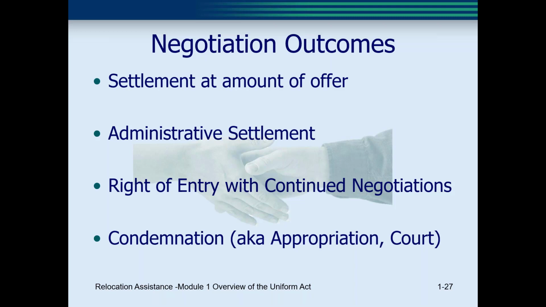So for example, let's say the agency's offer is $200,000, but the owner has countered at $215,000. 49 CFR 24.102(i) outlines this in the federal regulations.